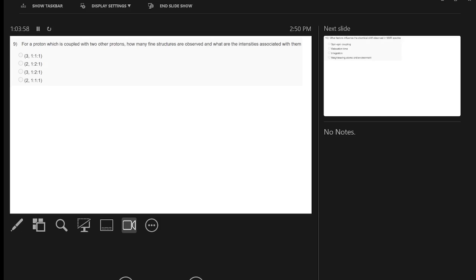Again, for a proton which is coupled with 2 other protons. So let's say you have 1 proton here coupled with 2 protons. What is the number of protons in the adjacent position? 2. So the number of fine structures is n plus 1. So what is the value of n here? 2. So 3. And from Pascal triangle, we can write (a plus b) whole cube.